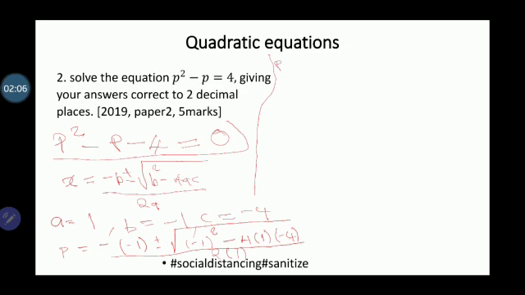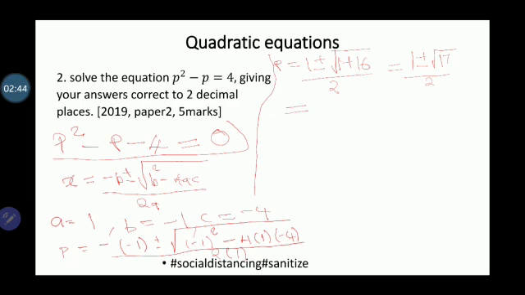We're going to have p is equal to negative times -1 is 1, plus or minus the square root. -1 squared is 1. -4 times 1 is -4. -4 times -4 will give us +16, over 2. And this will simplify to 1 plus or minus the square root of 17 over 2.